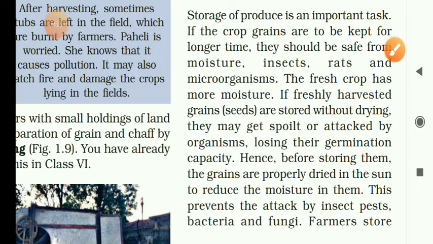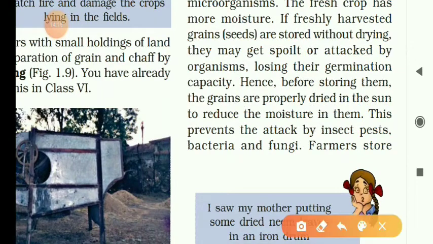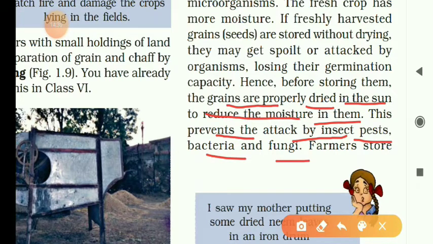Hence, before storing them, the grains are properly dried in the sun to reduce the moisture in them. This prevents the attack of insects, pests, bacteria and fungi.